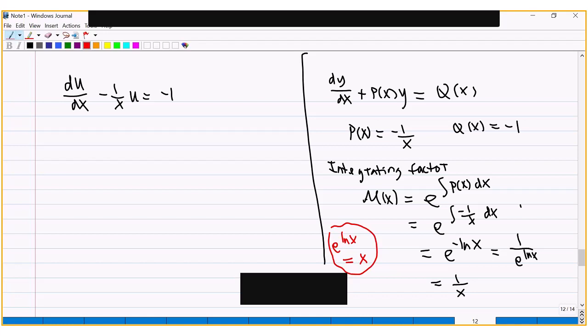So now I get this integrating factor. What next is to multiply both sides by the integrating factor, 1 over x.